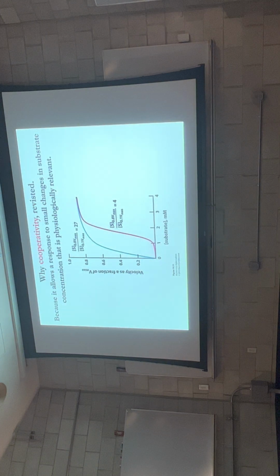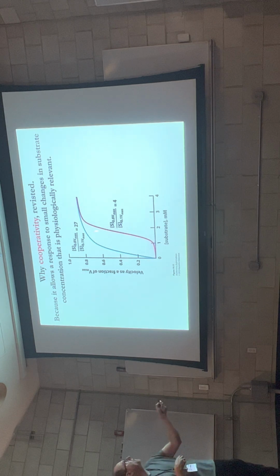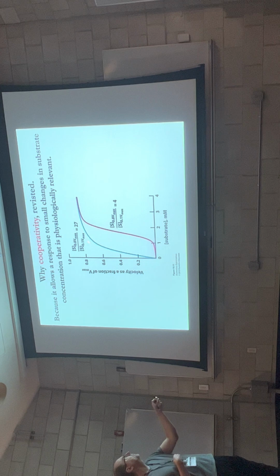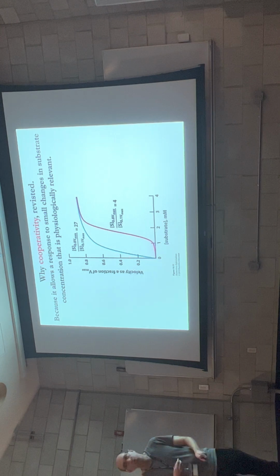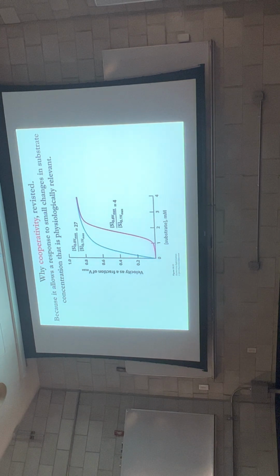And so let's go over again why this is advantageous. To cover that, they're showing you in red a curve corresponding to velocity versus substrate for a highly cooperative enzyme, of S shape, versus an enzyme with the curve shown in blue that is non-cooperative.